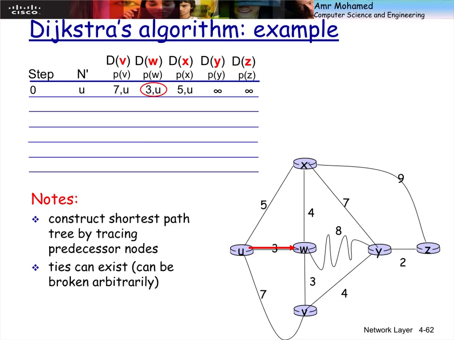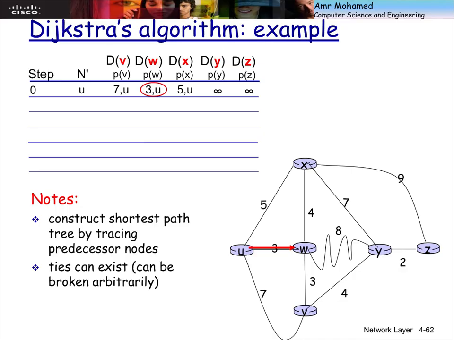Clear? So this link is included in the shortest path tree, which means that U and W are now part of N dash.